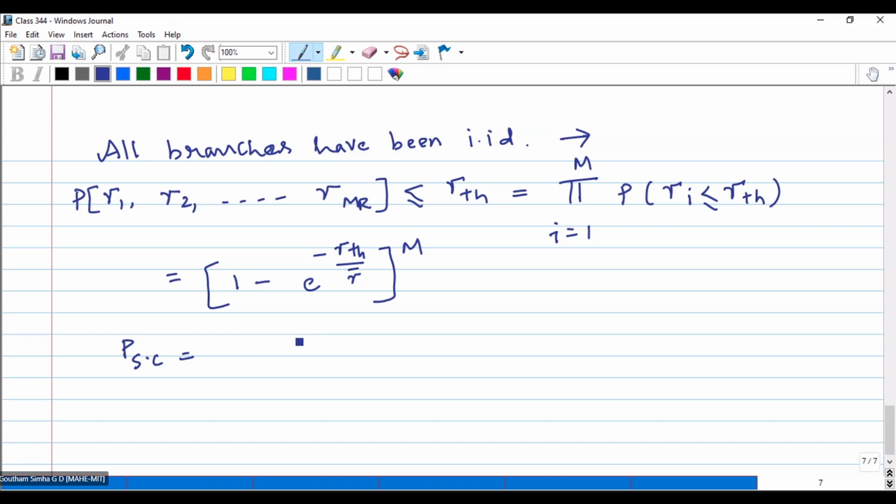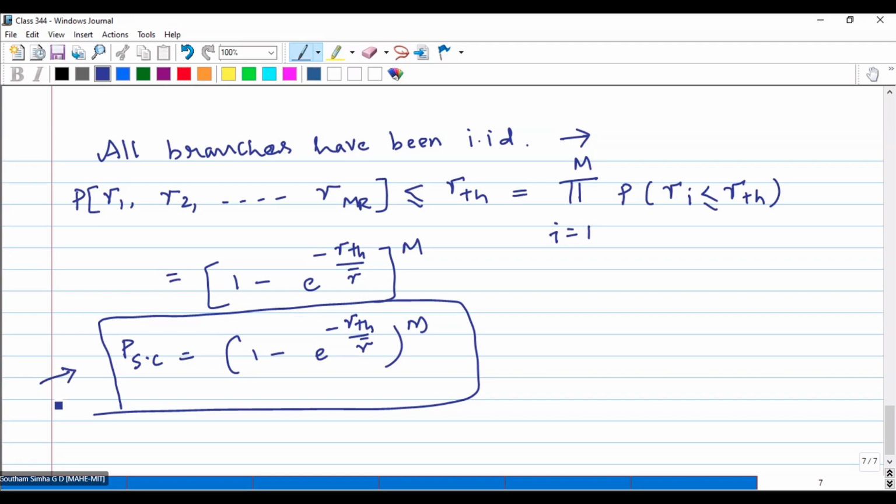Calculate PDF for this. Gamma i greater than or equal to gamma bar, 1 minus of this will be probability of coverage. So this will be equivalent to 1 minus of e to the power of minus gamma threshold divided by gamma bar whole to the power of M.